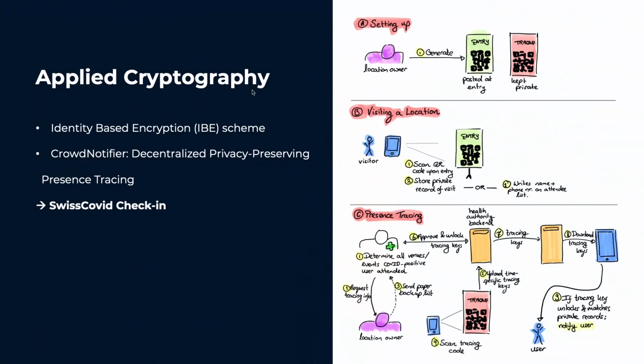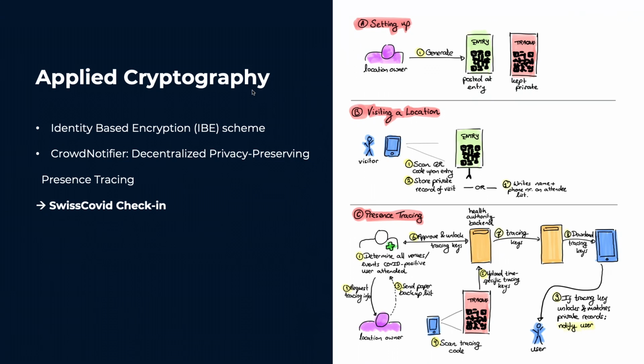Then, one step further, applied cryptography, which is also taught here at ETH. You can learn about the identity-based encryption scheme. And this was then the basis for the CrowdNotifier technology, which was, again, developed together with the same team at ETH and EPFL, which solves the problem of check-in solutions that we all came to know last year, but with most of them you entered your details and they were sent off to some server and stored in a database.